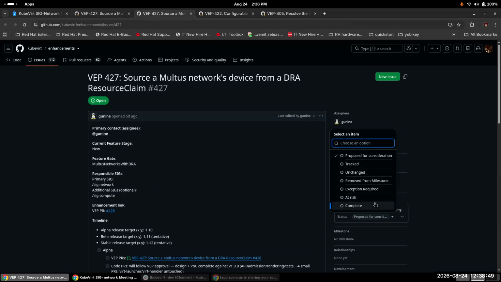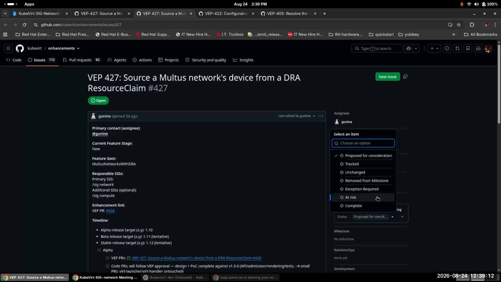And try to get it in, but we do have our priorities. Like we care about VEPs 183 and 21. Yes, it's basically a solution for SR-IOV. From our priorities, it's not urgent, like SR-IOV was not urgent when we decided.